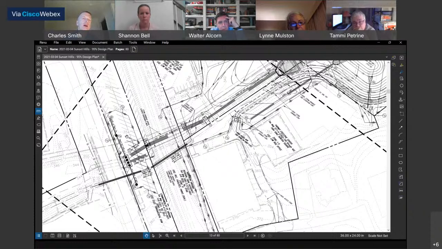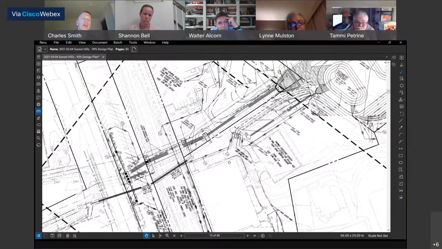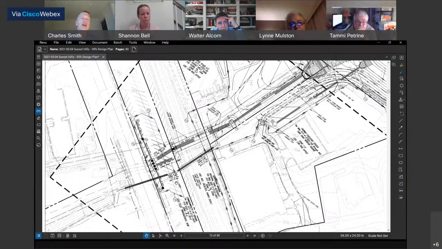As Shannon showed, the ponding spreads all the way across and back up to the Kaiser building during large enough storms. So we have a constrained area, a large water volume, and a bunch of utilities under there, which limit the amount of piping you can put because they're spread out and at certain elevations that you can't go around.